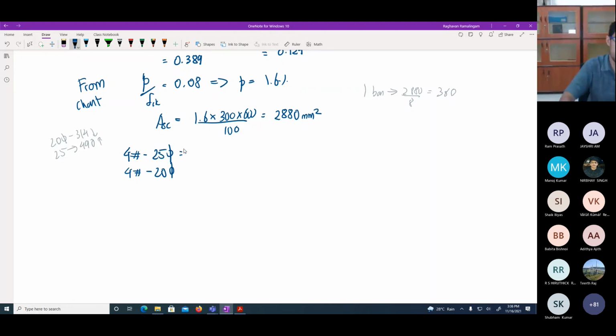So 490 into 4, 1960, 314 into 4, 1256. How much does this add up to?